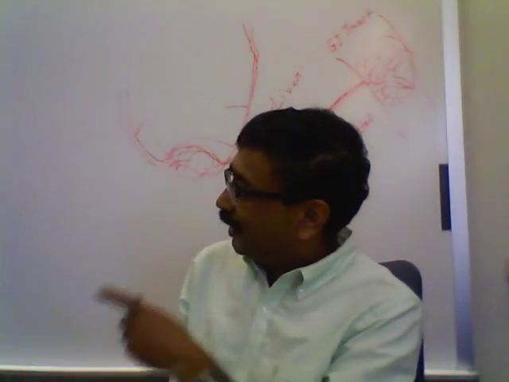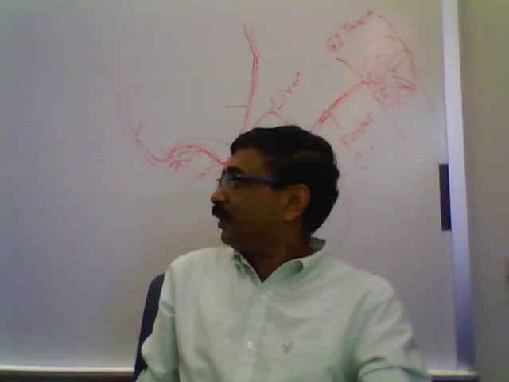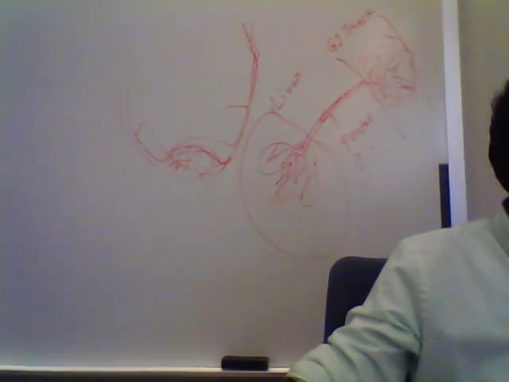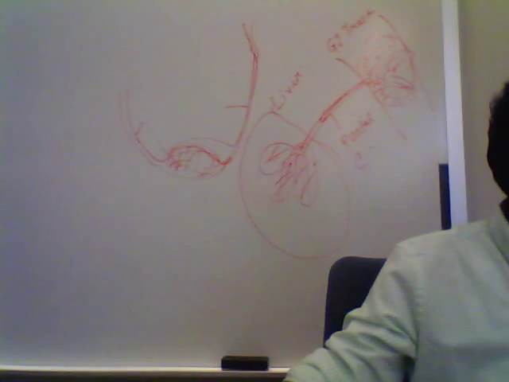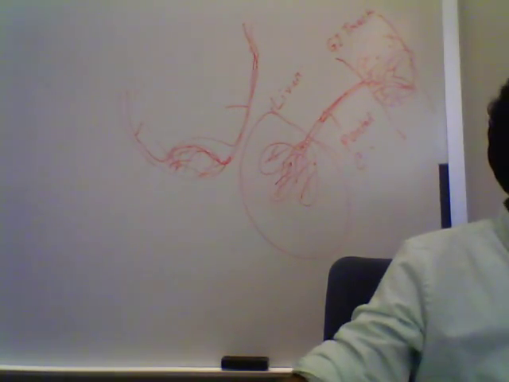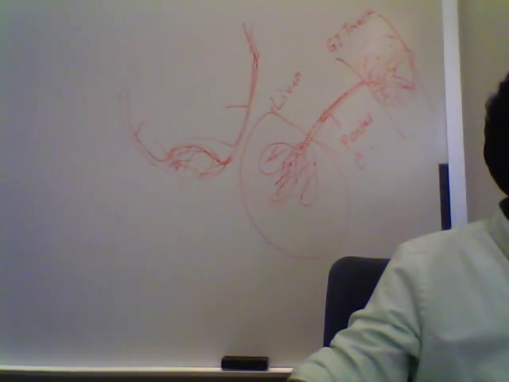So that's why the arteriole gives blood to the capillary bed. This is the arteriole, giving oxygenated blood, and oxygen gets out, carbon dioxide gets in. So the blood will become deoxygenated on this side, and then the deoxygenated blood will enter into the venule.